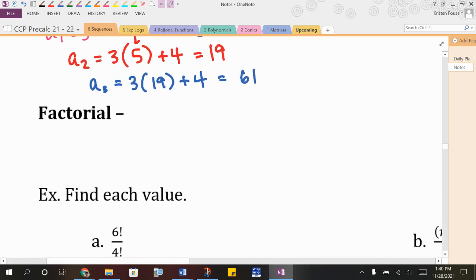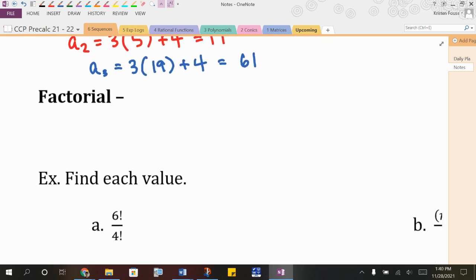This next idea is a factorial, which is something we have talked about a couple different times. So just a quick review. Factorial is just the exclamation point, and the mathematical definition is to take that value with the factorial and multiply it by all the numbers that came before it.